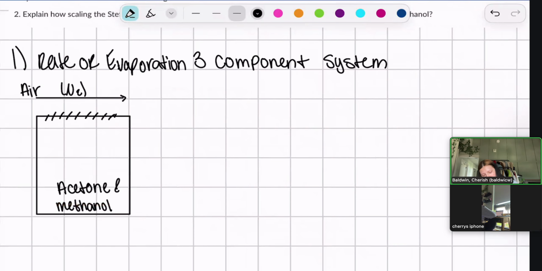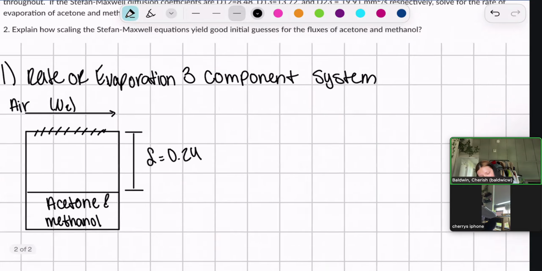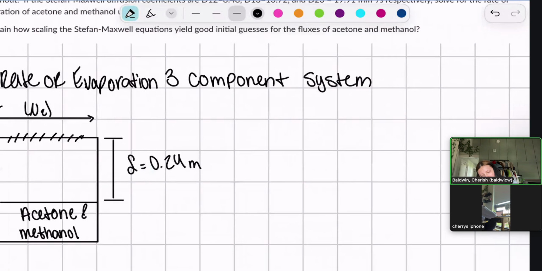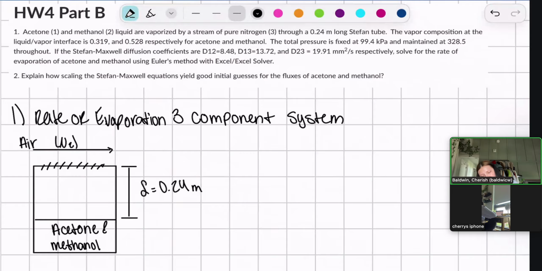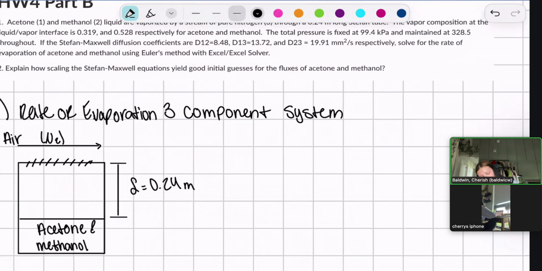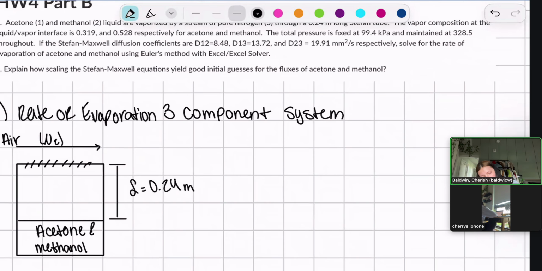So we know that the length of the tube is 0.24 meters long, and the pressure is constant pressure at 99.4 kilopascals.